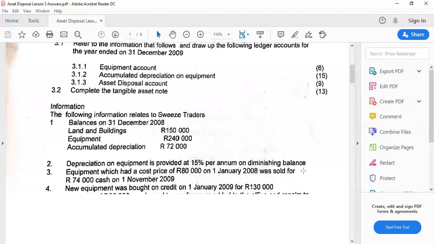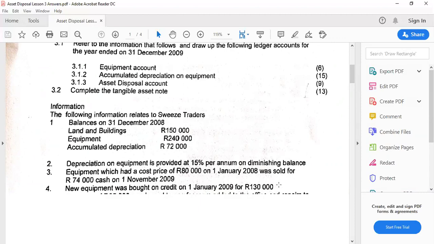Okay, so remember with the cost method, it's a constant amount each year. We don't have to worry about the previous year's depreciation to work out the current year. But with this method here, the diminishing balance method, it's important to know what was the previous year's depreciation for us to work out the current year's depreciation.